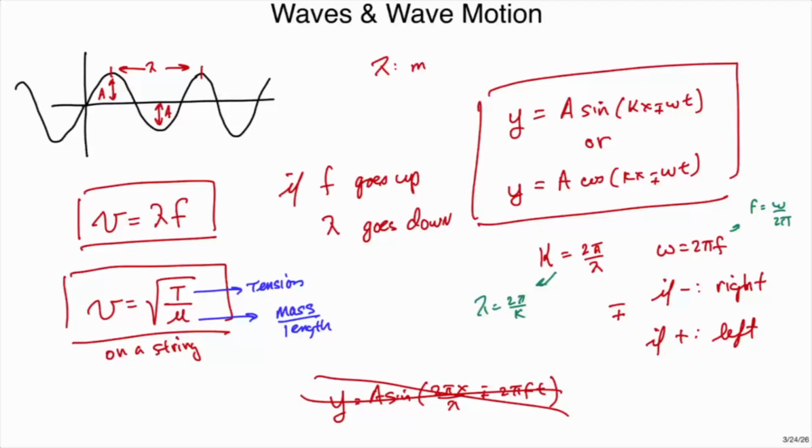Another way of writing speed. It's wavelength, but what's the wavelength? 2 pi over k. And what's another way to write frequency? Omega over 2 pi. What happens to the 2 pi's? They cancel, right? So another way to get this speed is omega over k. It's the same thing, yeah.